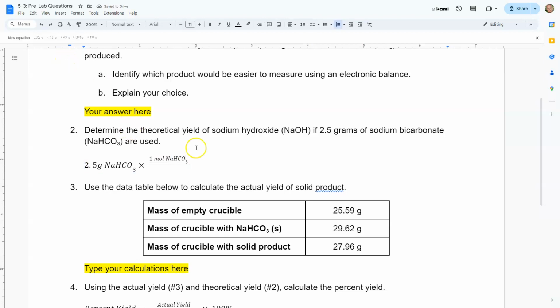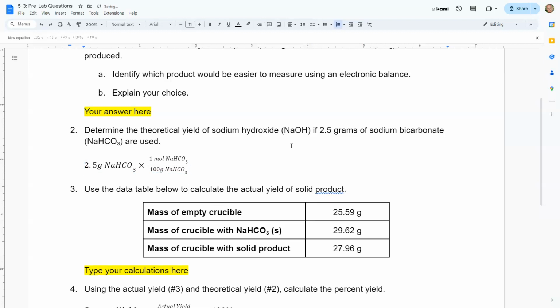Oops, I accidentally clicked out, so I want to make sure I click back in, and that blue box appears again. Whatever the molar mass is, I'm just going to type in a fake number. I would not put in my number, okay? So I'm going to put in 100 grams NaHCO3. When I see 100 grams on the lab reports, I'll know someone just copied my video. Okay, so I'll keep going.